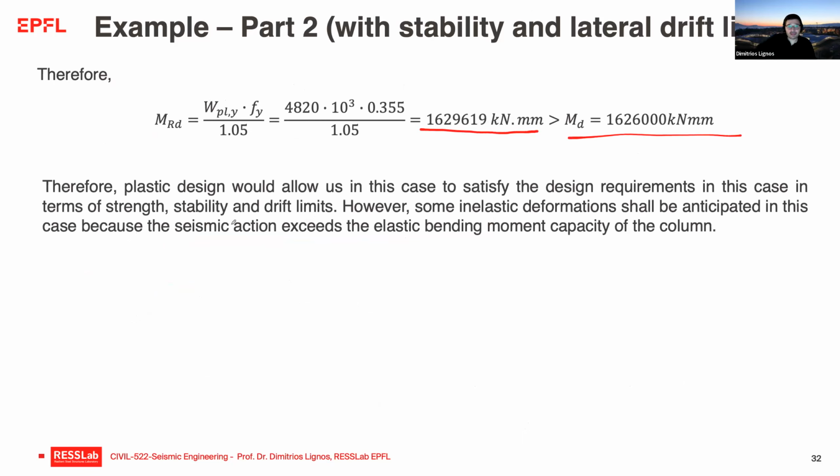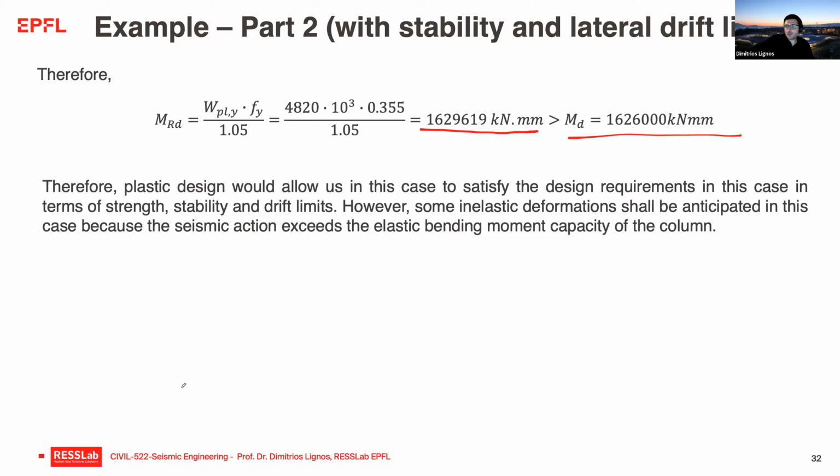So therefore, plastic design would allow us in this case to satisfy the design requirements in terms of strength, stability, and drift limits. However, some inelastic deformations shall be anticipated because the seismic action exceeds the elastic bending moment capacity, which is equal to W elastic Y times Fy divided by gamma M1.